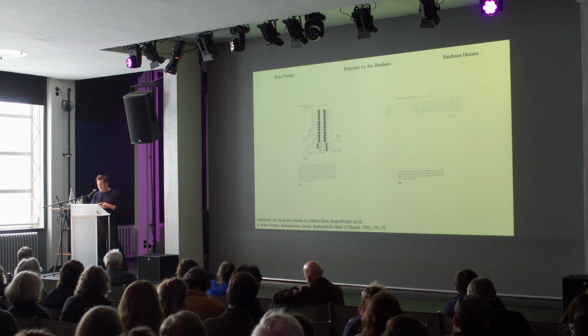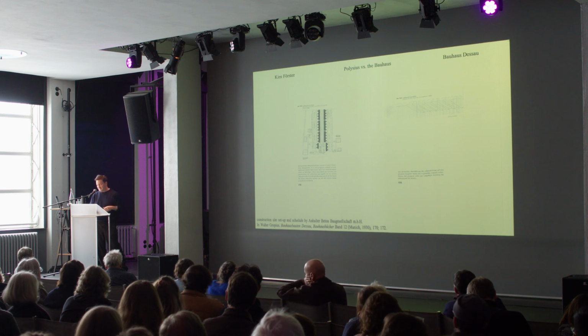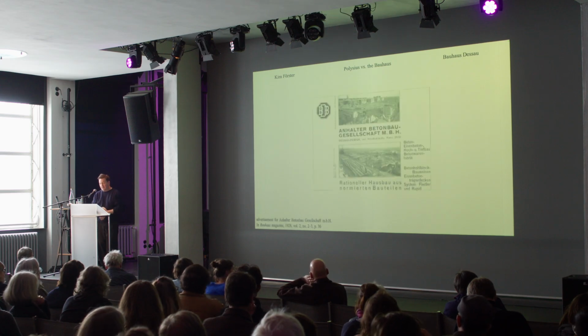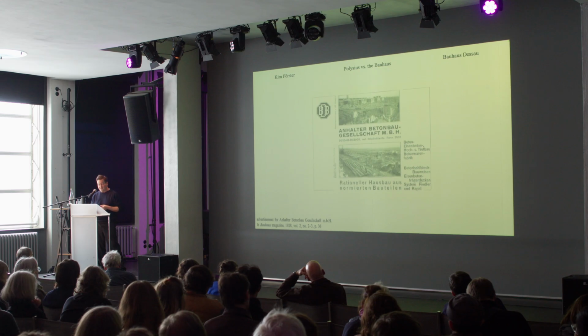An advertisement in the following issues of the Bauhaus magazine promoted efficient housing construction using standardized concrete components. Further support for structural experiments came from the Research Institute for Efficiency in Construction and Housing, evidencing capital investments on a state level in the modernization of housing construction.